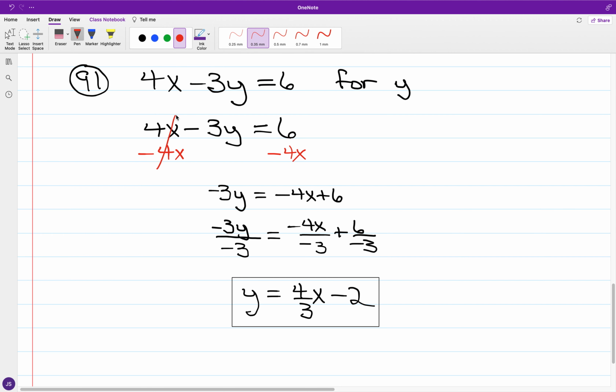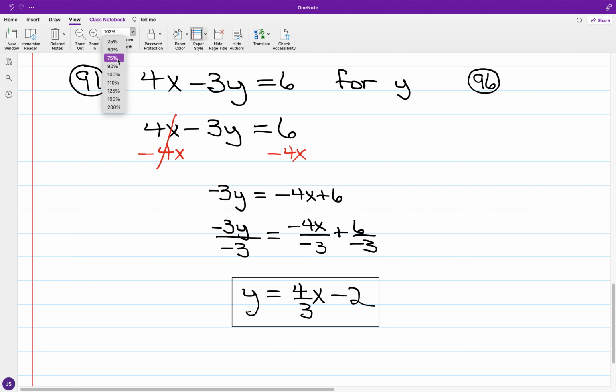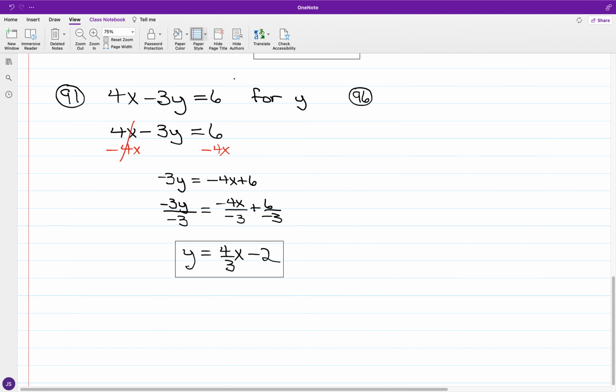And we have in the case of number 96, now we've got the letters A, B, and C involved. And this problem is somewhat tricky because we have fractions in the mix.